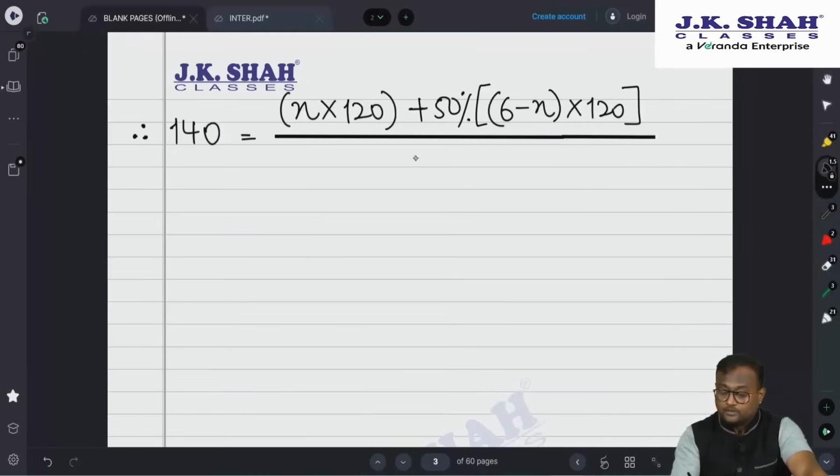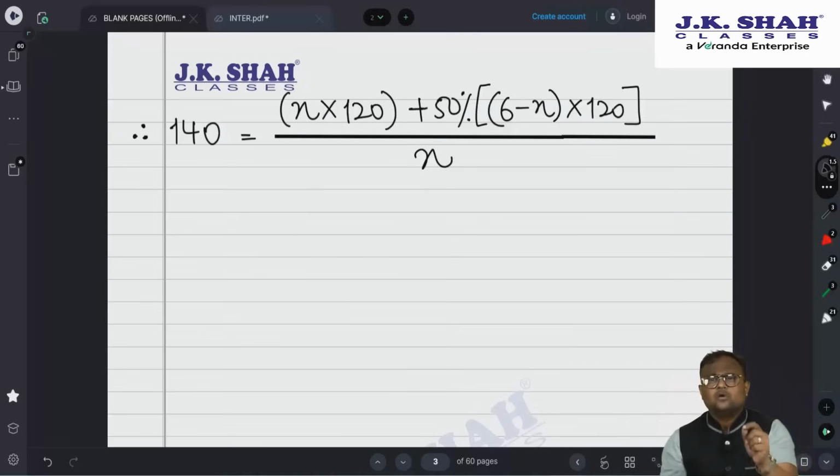Are you clear with it? Divided by time taken. We don't know how much is time taken. I assume time taken to be X. So time taken X into 120 will give me basic. Now 6 hours are allowed. The worker has taken X hours. That means time taken must be lesser than time allowed. So 6 hours minus X hours will give you time saved multiplied by rate 120.